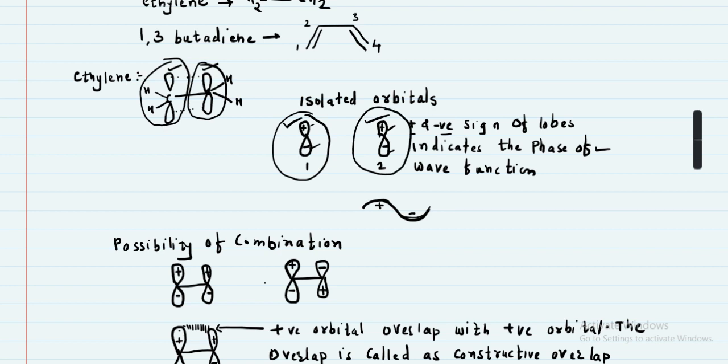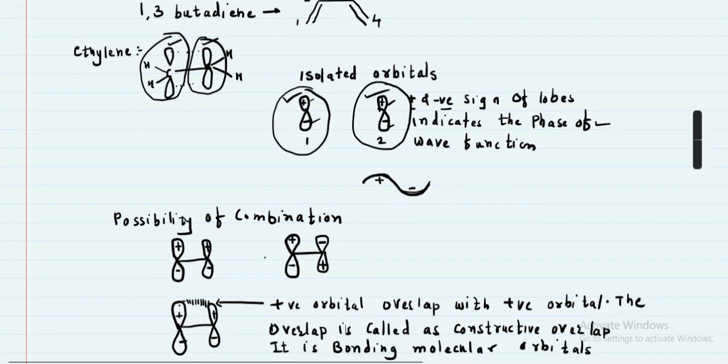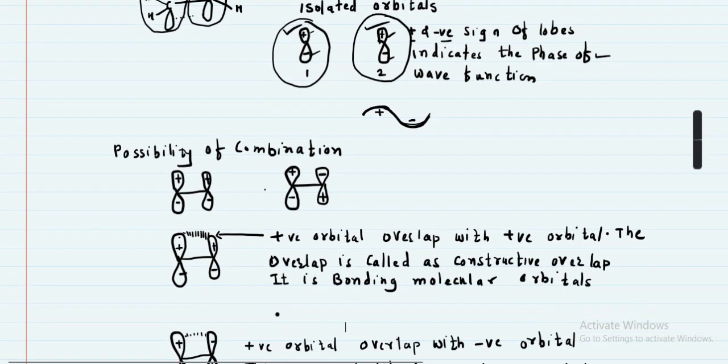How can they be combined to each other? There are two ways it can be combined. The first way is the positive orbital combined with the positive orbital, and the second is the positive orbital combined with the negative orbital. In the first, positive lobe overlaps with the positive lobe, so bonding is there.